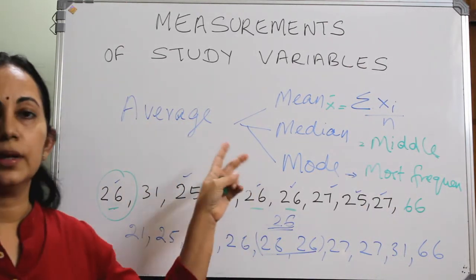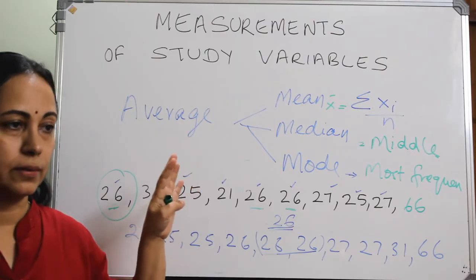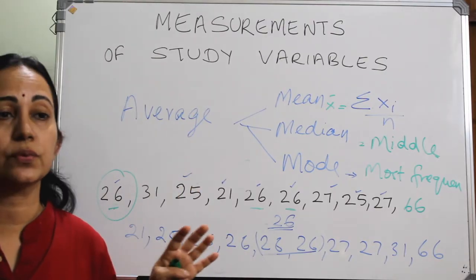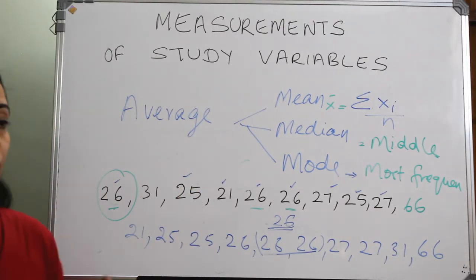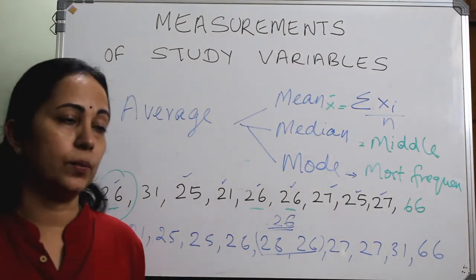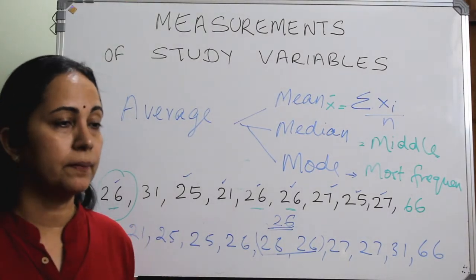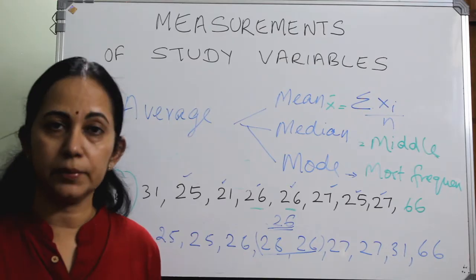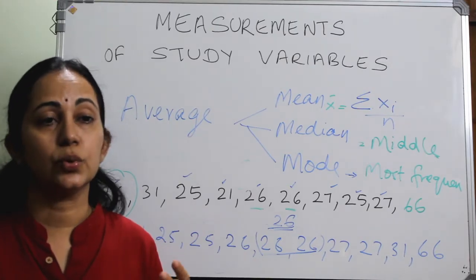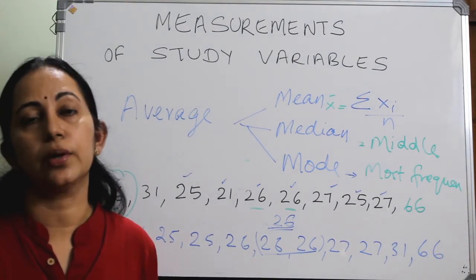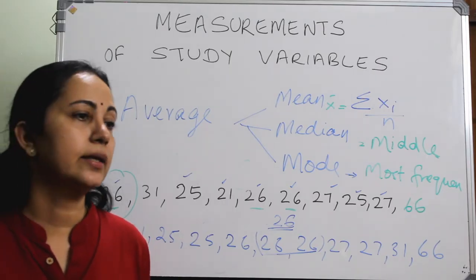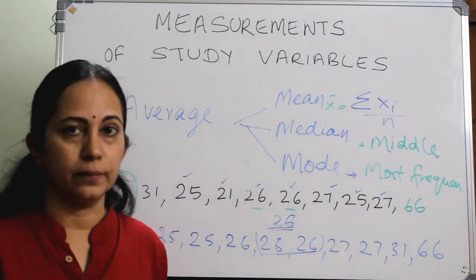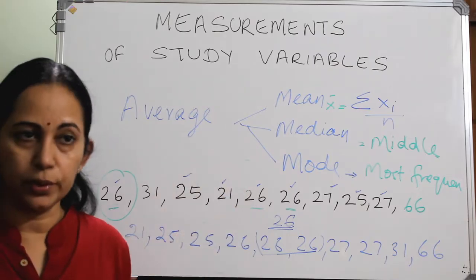So that is mode, and this is the statistic which we use in case of nominal data. I already told what is nominal data along with types of data. So nominal data is named data, but it has no natural order or ranking, like the color of people. So in that case we use mode.